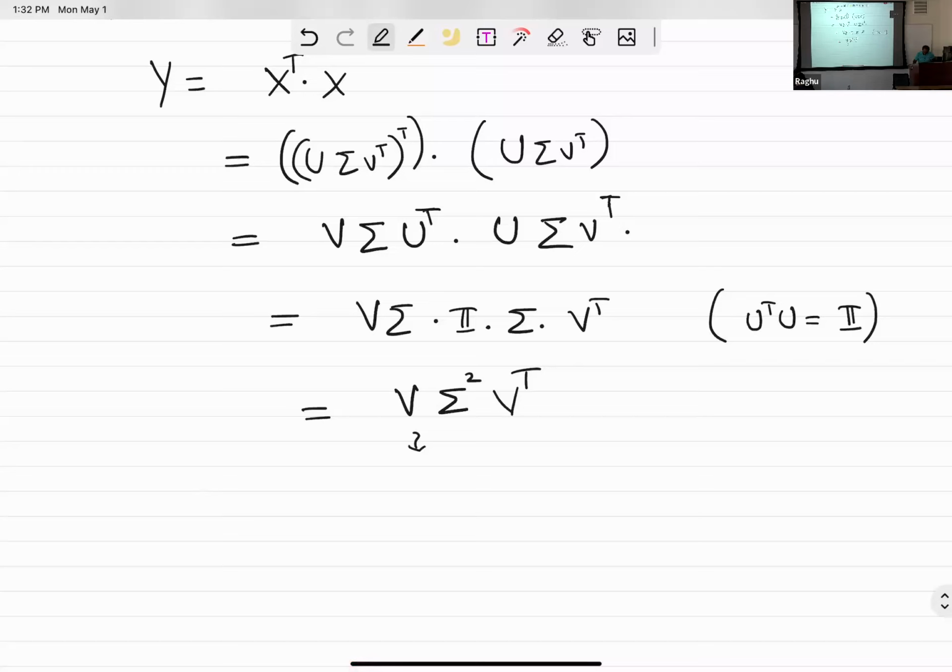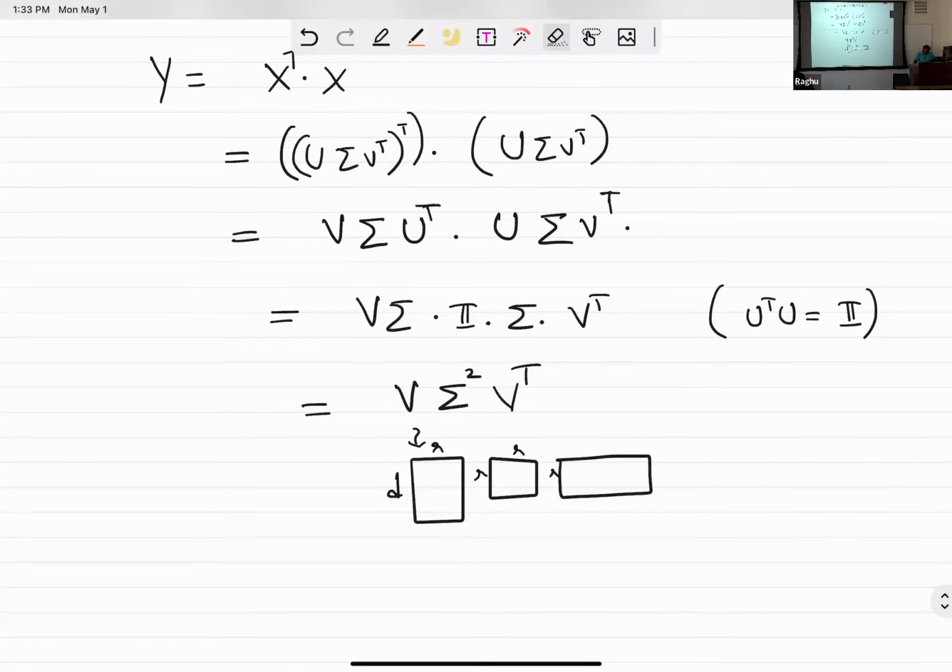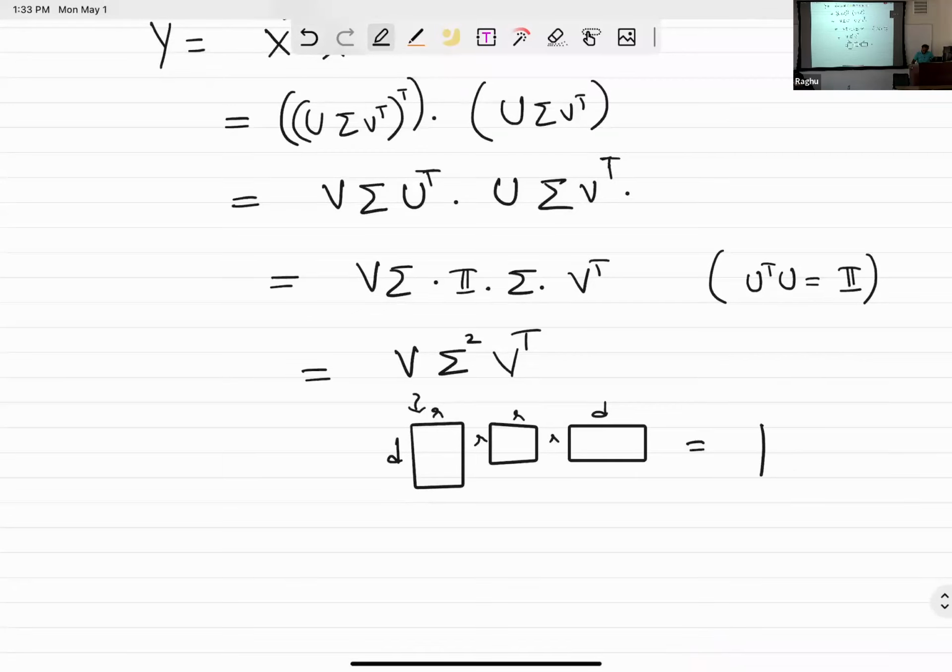V is a D by R matrix, sigma squared is still R by R, and V transpose is an R by D matrix. So Y is actually a D by D matrix. It's sometimes also called the correlation matrix because you're looking at the correlation across the different dimensions of your data set X1 through Xn.